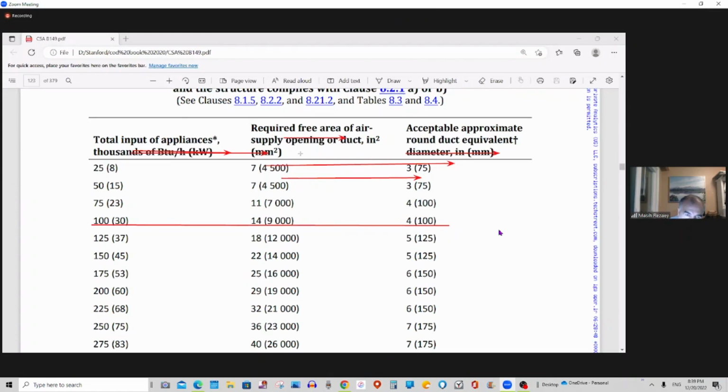What I got on the second column is the required free area opening, duct inch square. And the third column is the round one. It gives you the diameter of the round duct.